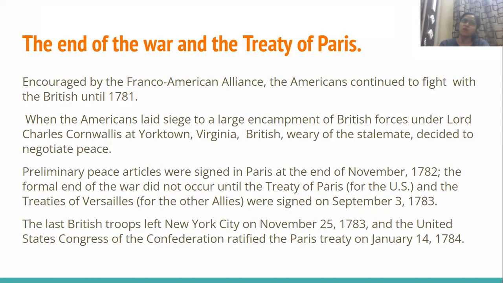Lord Cornwallis was the commander of the British Army, and from all sides, from one side the Americans came and attacked, from another side the Spanish came, the Dutch came, and the final siege, which completely blocked the movement of Charles Cornwallis, was the entry of the French forces. So from all sides, the British forces were encircled.